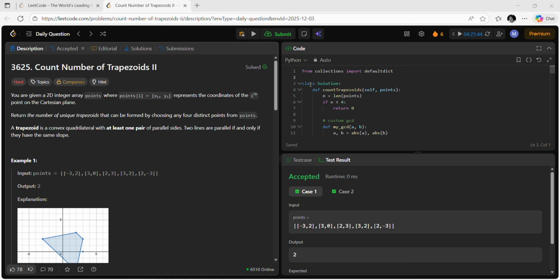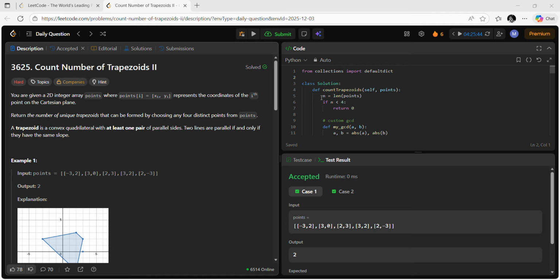Okay. In the next line, class Solution, def countTrapezoids(self, points). Here we define a class Solution with a method countTrapezoids(self, points). And why? Because it's the standard LeetCode style class method wrapper, where points is a list of (x, y) pairs.